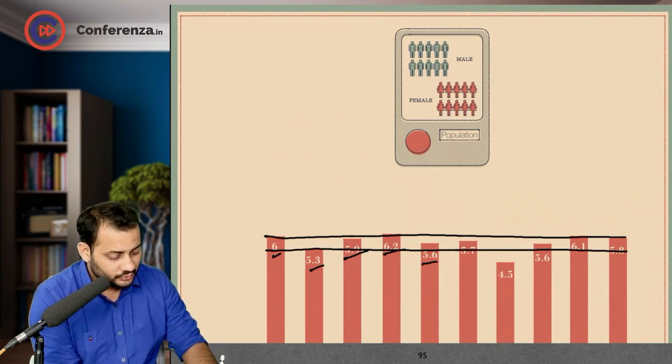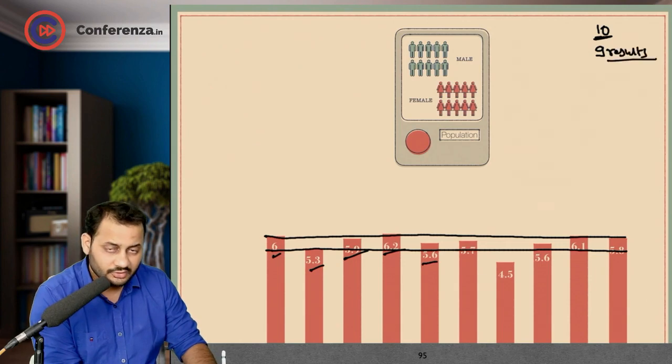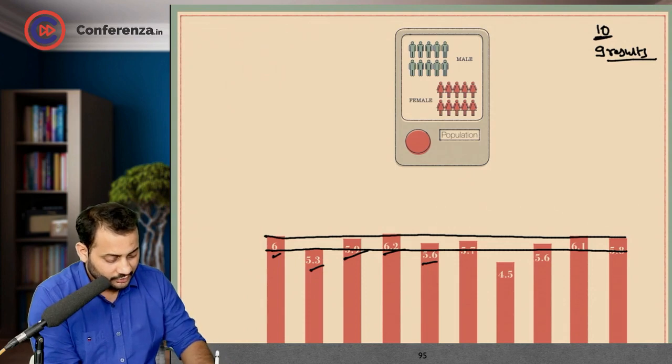The example being represented in front of you has 10 results, out of which the heights of 9 people fall under this category. So the range is 6.2 to 5.3.